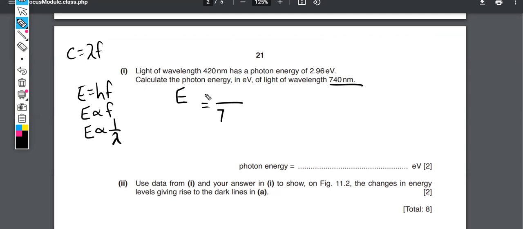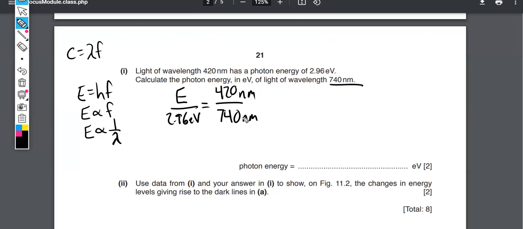So the energy we want to solve for, the photon with this wavelength, goes up here, and so 740 would go down here. So we're comparing that 420 nanometer light to the 740 nanometer light, and we know the energy of this photon, it's given right here. So E over 2.96 electron volts is equal to this many nanometers over that many nanometers, and that's perfectly solvable.